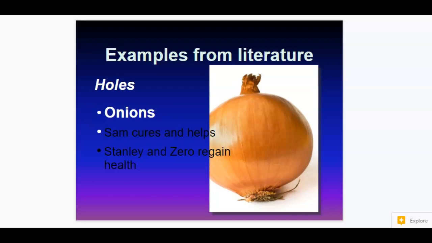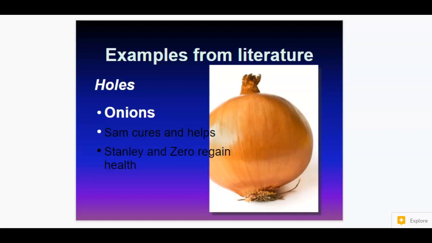Okay, examples. Another example from literature. Most of you, I think, read Holes in elementary school, or at least seen the movie. Onions are a symbol in Holes. I don't know if you realized that as a sixth grader whenever you read it. Why? An onion has layers, right? And Sam, Stanley, and Zero all have their layers. Do they use the onions? Yes. Sam uses onions to cure people and help people.